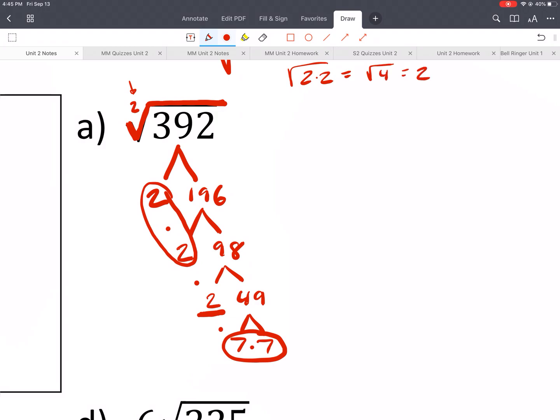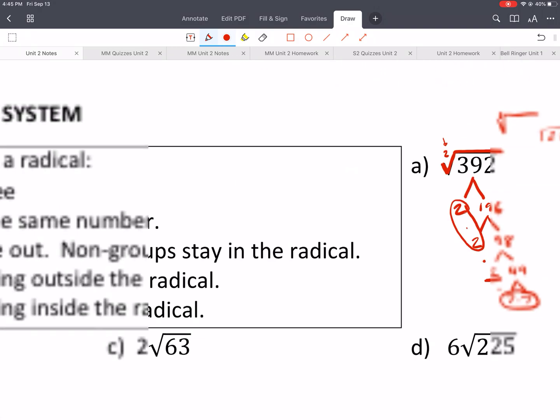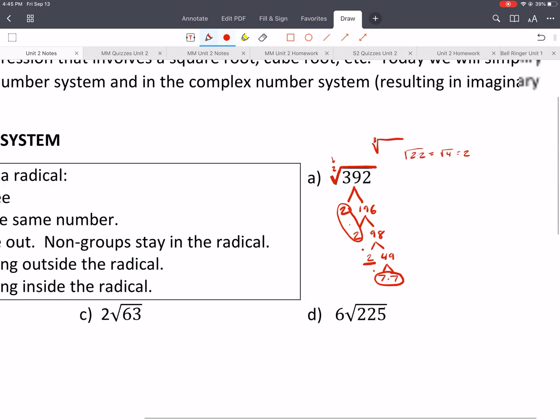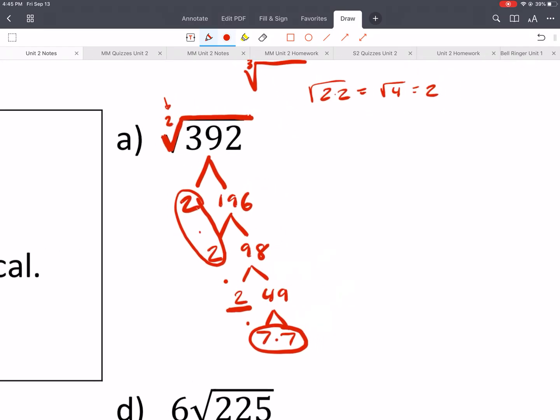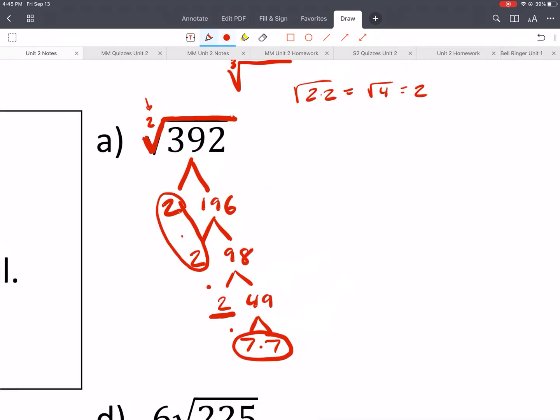So that's why our next step is, as it says here, groups come out. Since we have a group, we can take that out by taking the square root of that, which just gives us 2. So the square root of 2 times 2 is 2, and the square root of 7 times 7 is 7. We take that there, and this here.